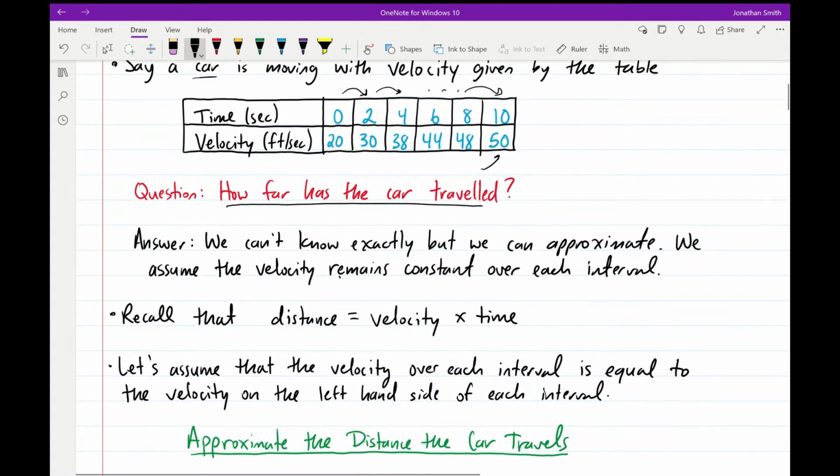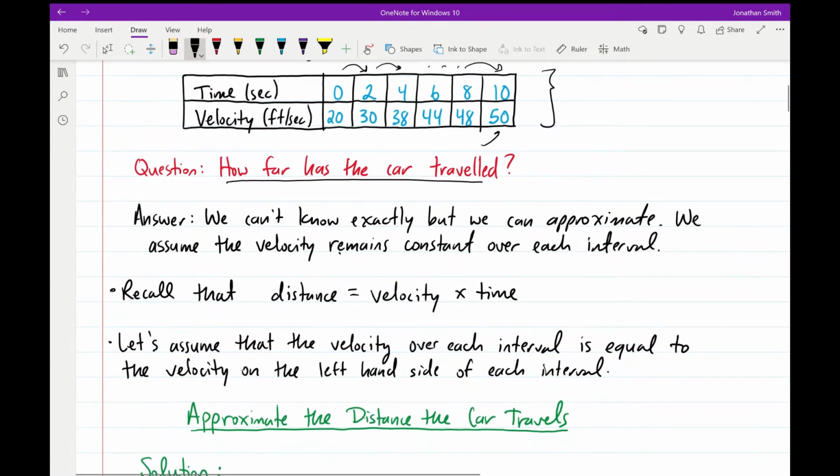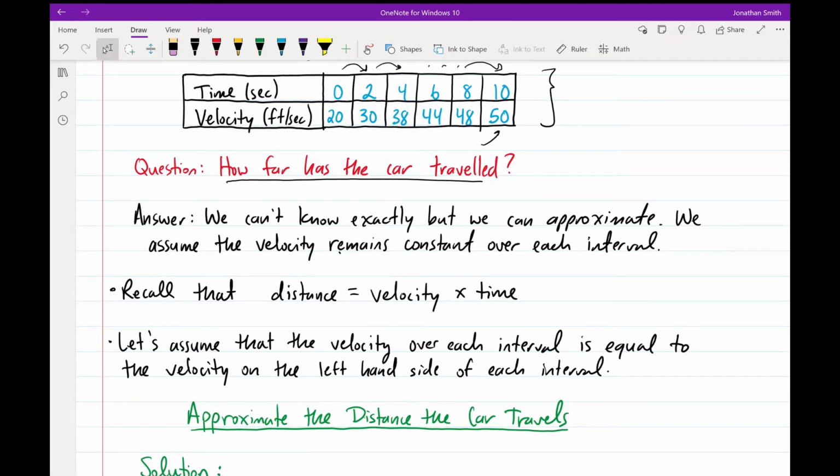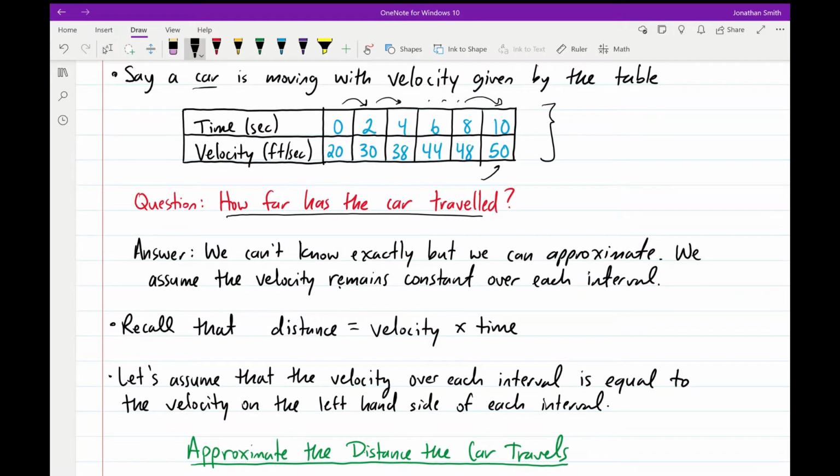The answer is ultimately that we can't know exactly based on the information just given in the table, but we can give a pretty good approximation. To do so, we can assume that the velocity remains constant over each of these 2-second intervals from 0 to 10 that are showing up inside of the table.